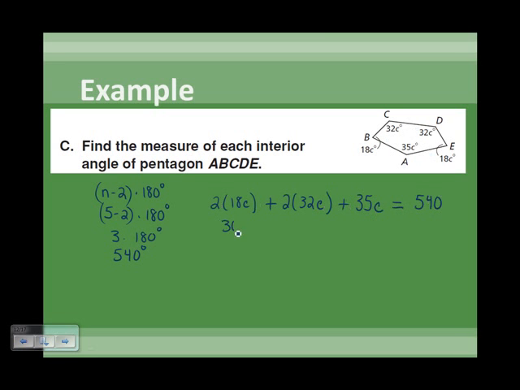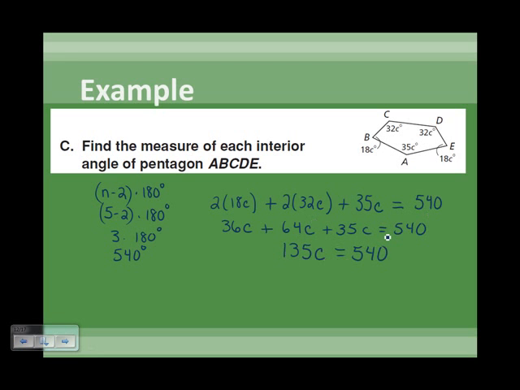So we would get 36C plus 64C plus 35C equals 540. And then we got 36 plus 64 plus 35, and that gives us 135C equals 540.